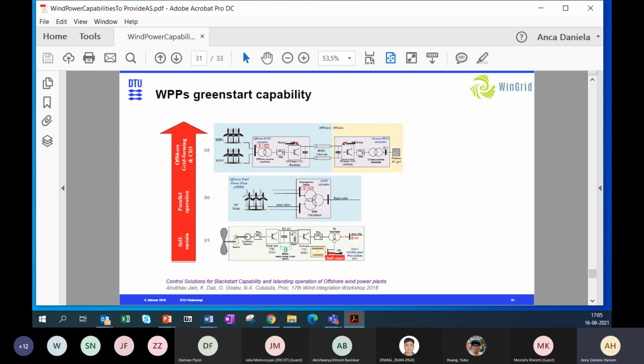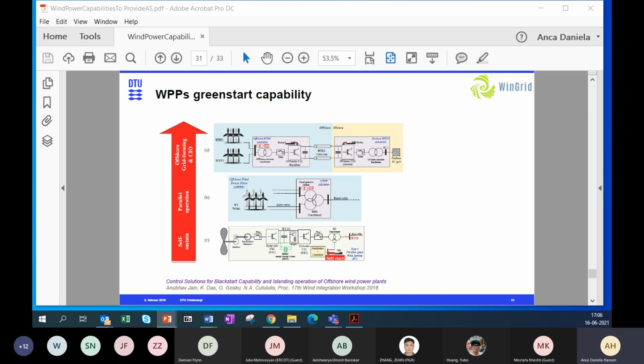And then here I can show you how this is done. When it is bottom-up, it is better known as green start, and this is the wind power operator perspective, where the wind power plant is equipped with grid forming capability, which means that the wind turbines do not have to wait for completion of the network restoration, but can do controlled islanded operation to ensure continuity of the power supply.